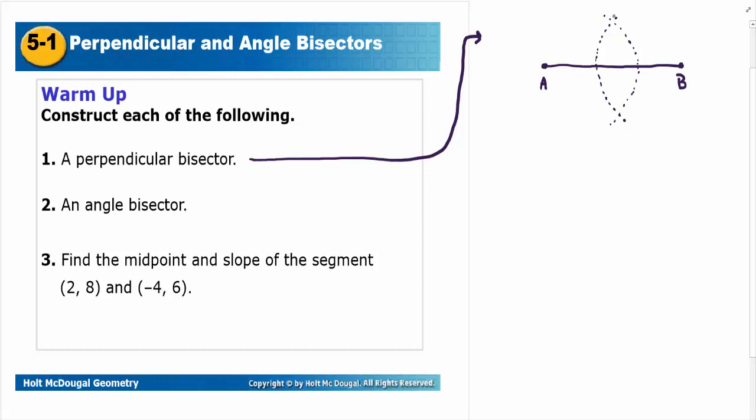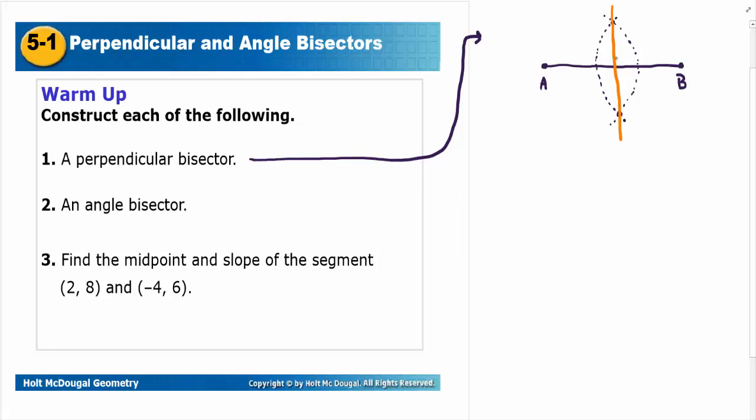And you should have intersecting arcs. They should touch at 2 points, one above and 1 point below AB. Once you have done that, you have your intersecting arcs, then we're going to want to connect those 2 points using your straight edge.